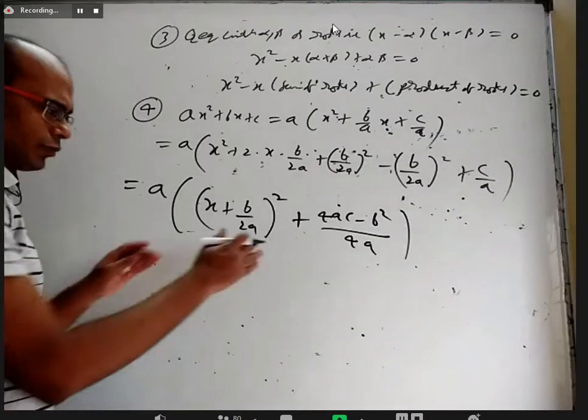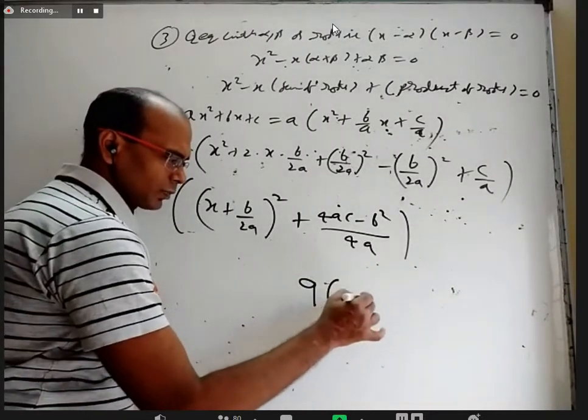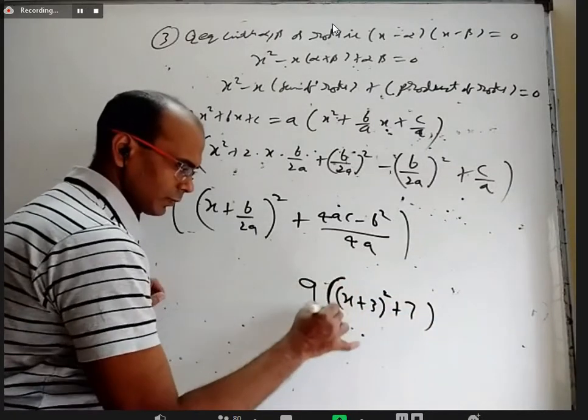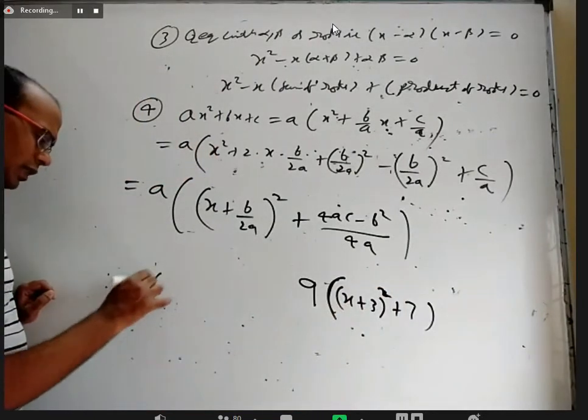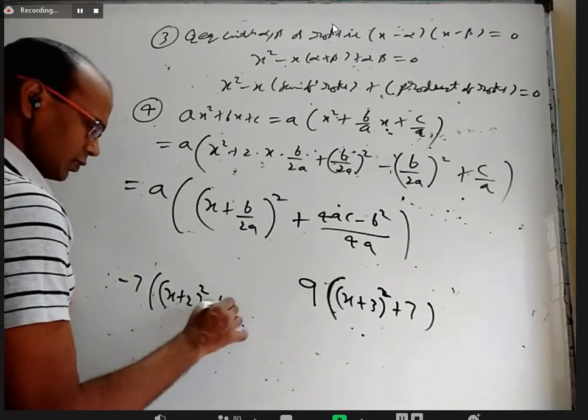Okay. Before going further, I want to ask two questions. You take 9 into x plus 3 whole square plus 7, and minus 7 into x plus 2 whole square plus 20.